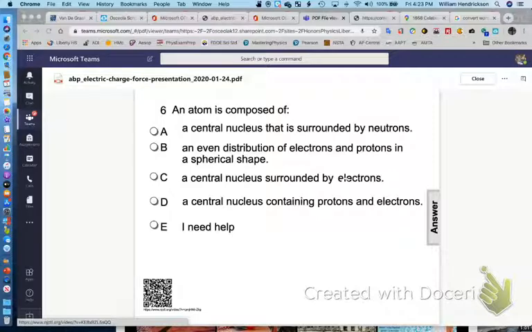Did you select C? It is a central nucleus surrounded by electrons, because both the proton and the neutron are found in the nucleus. Good job.